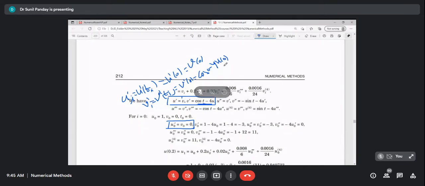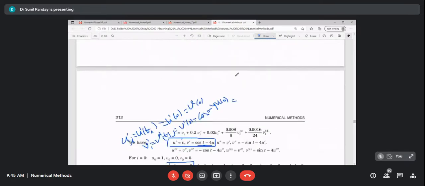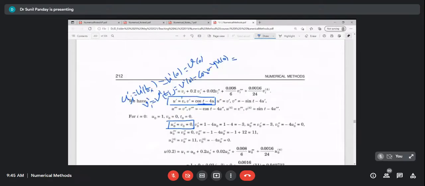The u0 value is 1, and cos 0 is 1. So 1 minus 4 is minus 3. So this is the value of v dash at 0.